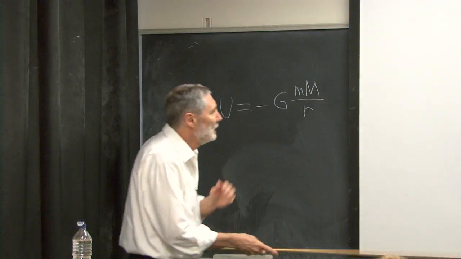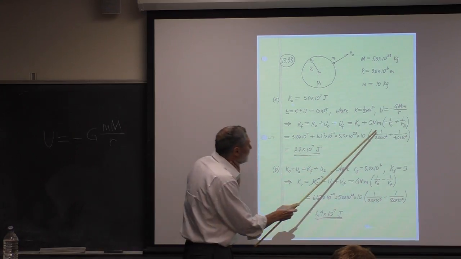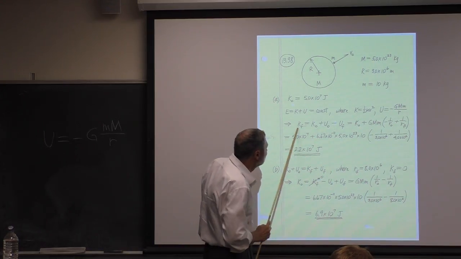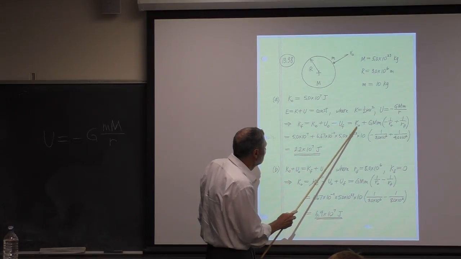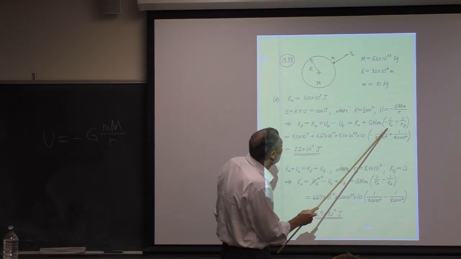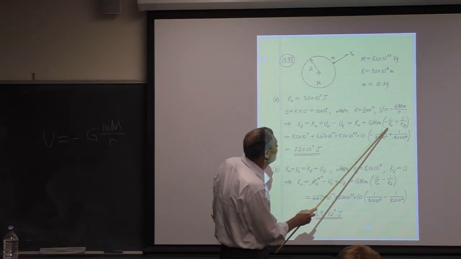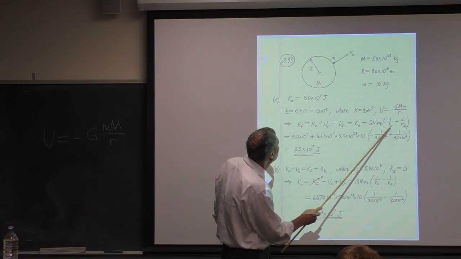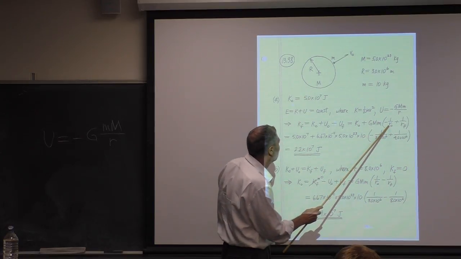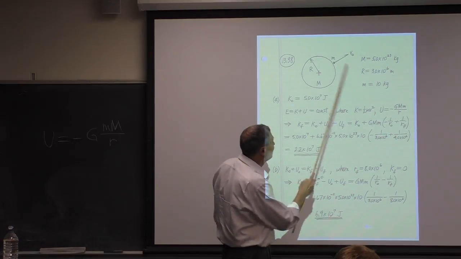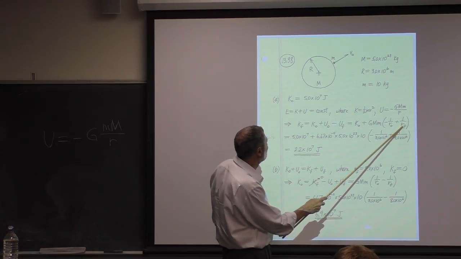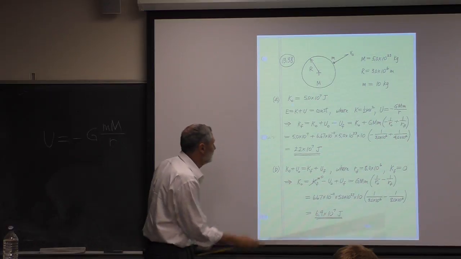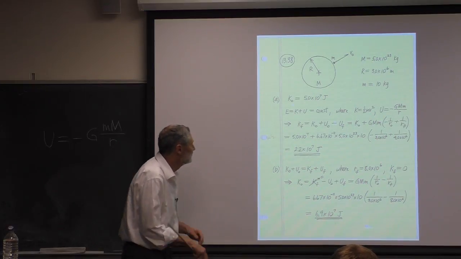So we can write down, we're given the initial kinetic energy. We know the initial radius, this R0 is just going to be what we call capital R up there. And we're given this final distance. So we can calculate everything. We can find the final kinetic energy.